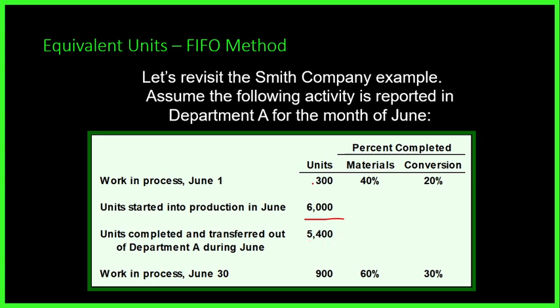So 5,400 minus 300 is 5,100, which came from the 6,000. Then 6,000 minus 5,100 is 900 units. Or, basically, you started with 300, you started in process 6,000, so you now have 6,300, but you completed 5,400. What is left is 900 units.